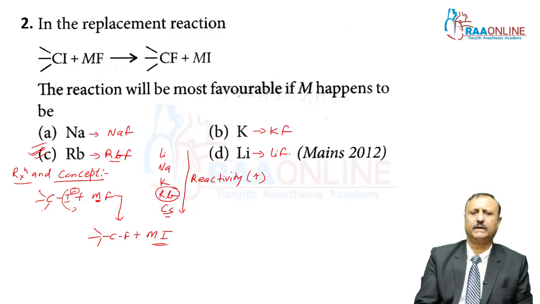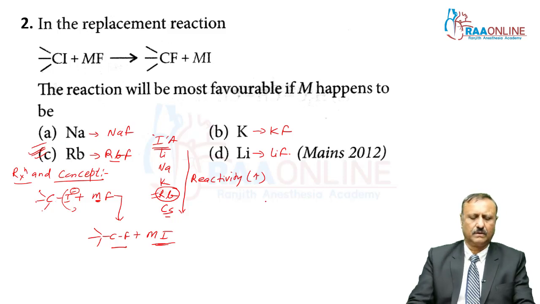So rubidium fluoride reacts with this alkyl iodide to form this alkyl fluoride plus rubidium iodide. When you see the reactivity in the first group A elements or s block, the reactivity increases. So rubidium is the correct answer here.